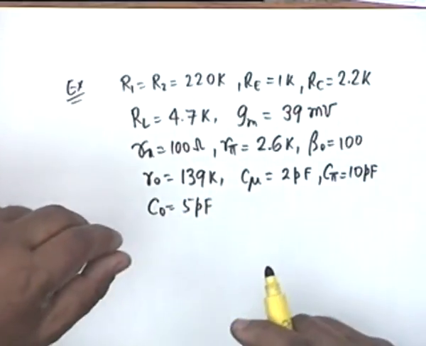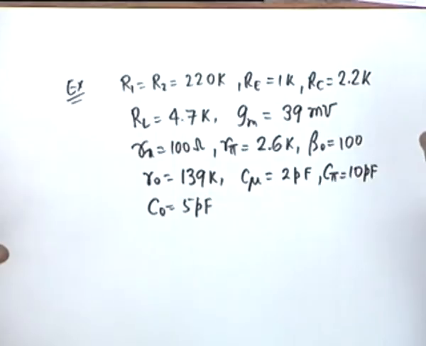These are the various parameters of the circuit and the device which are given.